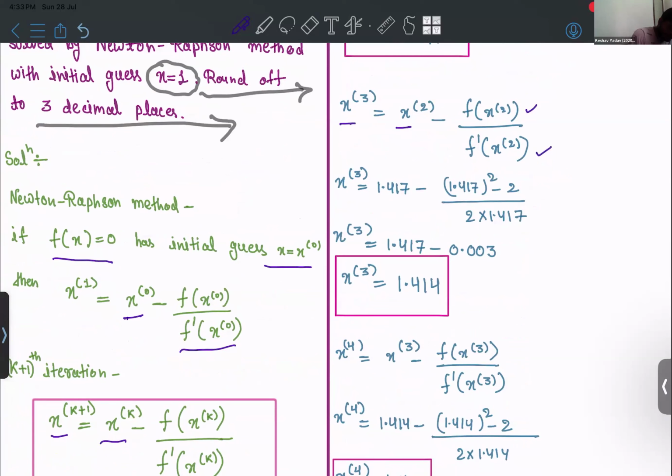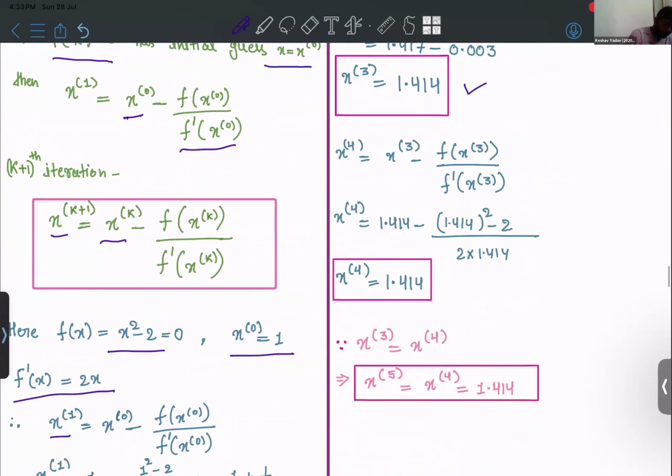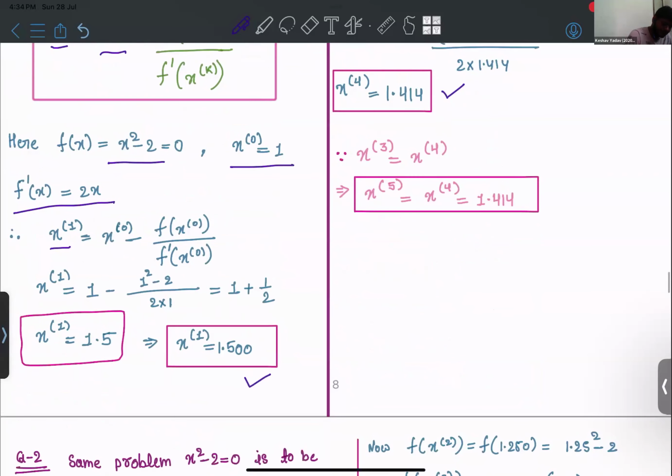If we put the values here, you will find that x comes to 1.414. Similarly, the fourth iteration, if you solve, the value has converged now. Third iteration also we have found 1.414. At the fourth iteration also we have found 1.414. Means the solution has converged. If you go to further iterations, the value will not change.